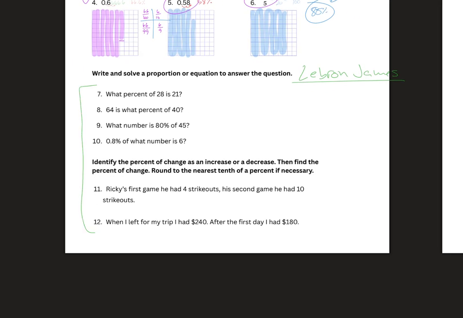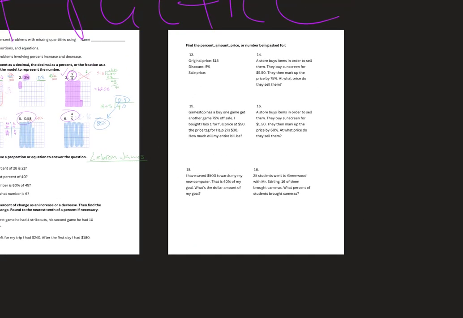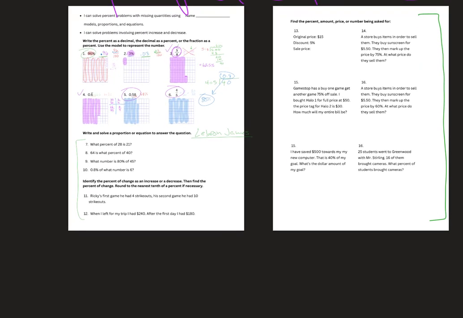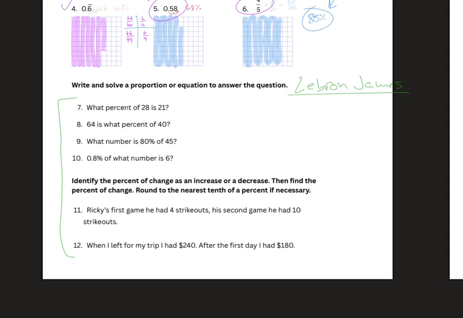These problems and these problems over here, if you look at them and you're like, I can figure them out just by looking and doing some quick math in my head, then do it. But if you look at these and go, man, I'm not sure what to do, well, then that would be like LeBron saying, okay, I need my team's help. In fact, I need a team strategy.